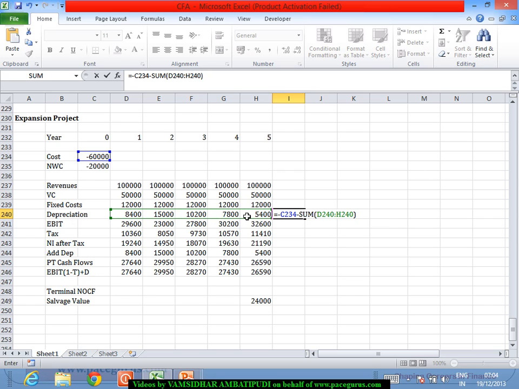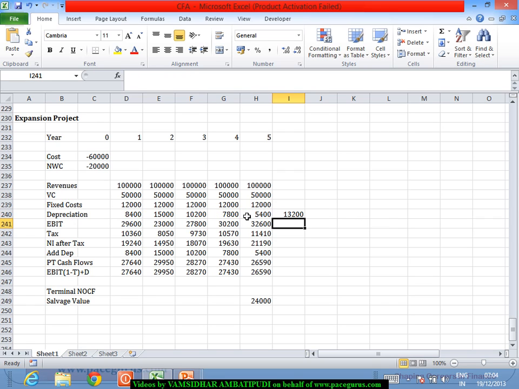If I remove that, 13,200 is the only book value, which means for the 46,800 worth of depreciation, I have already got the benefit in terms of tax. So if I am selling it now at 24,800, that is a capital gain for me.